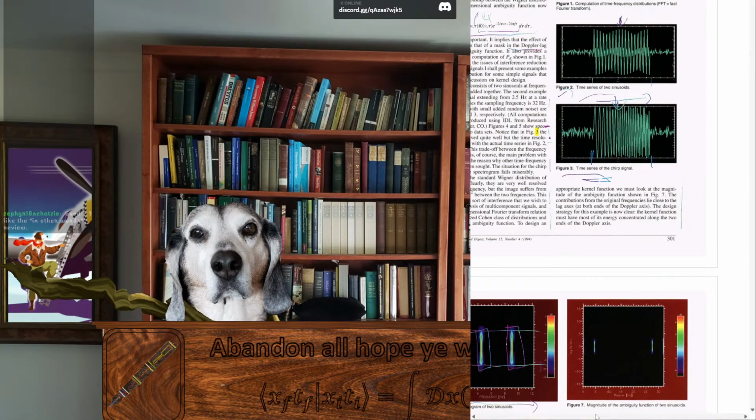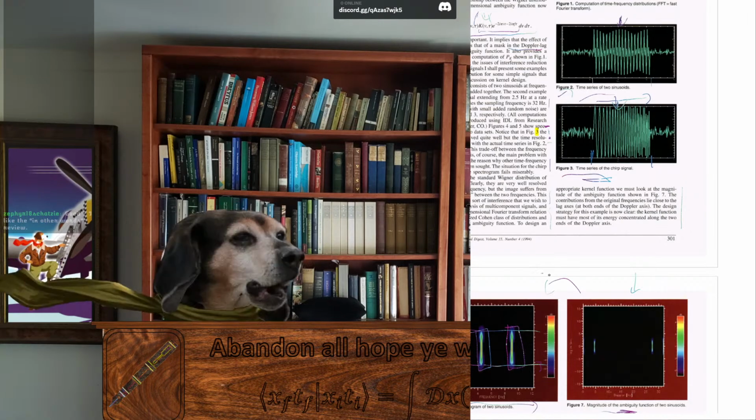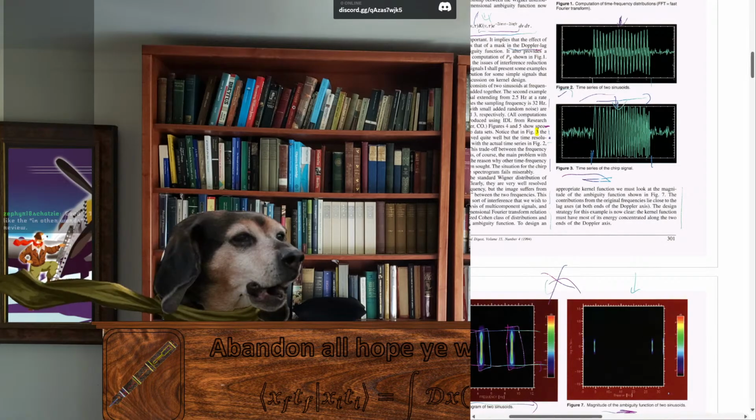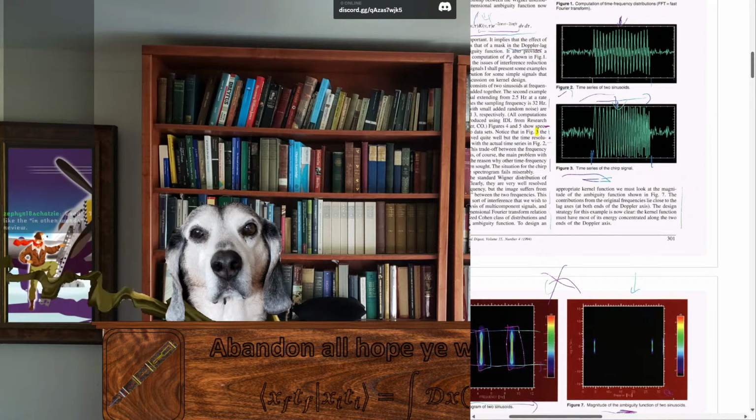So now we're looking at Doppler in Hertz, right? Because now this is the ambiguity function. This is not the same thing as this, right? These are different functions. This is looking at Doppler delay, and this is looking at absolute frequency.